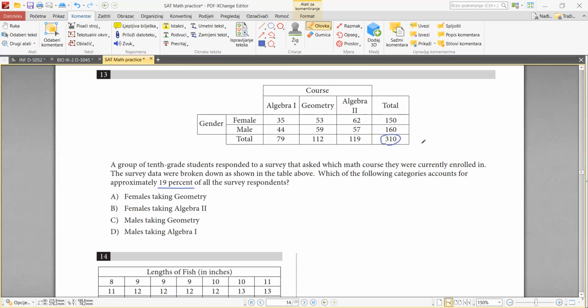And the total number is right here. So 0.19 times 310, which is 59. And 59 is this category here. So males taking geometry course. So C.